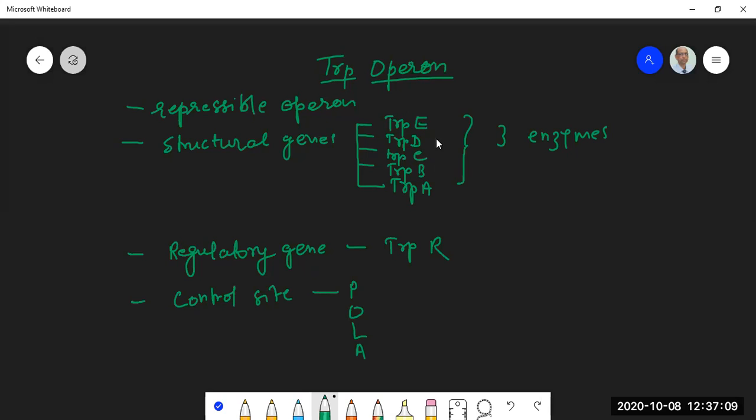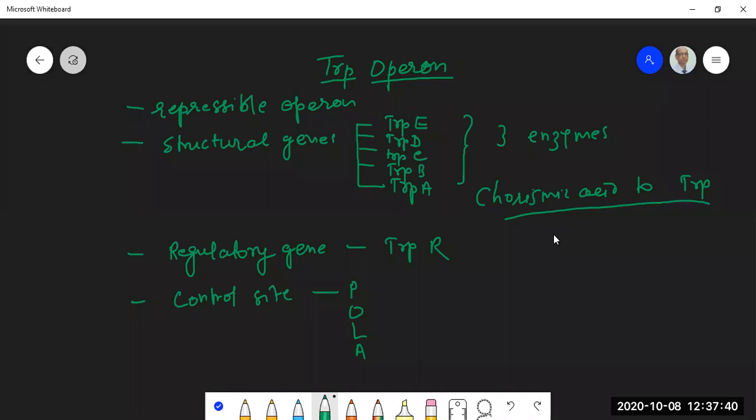As a result, these 5 structural genes code for only 3 enzymes, and these 3 enzymes are responsible for converting chorismic acid to tryptophan within the bacteria. Chorismic acid is converted to tryptophan with the help of some 2-3 intermediates within the cell, using these 3 enzymes coded by 5 structural genes.